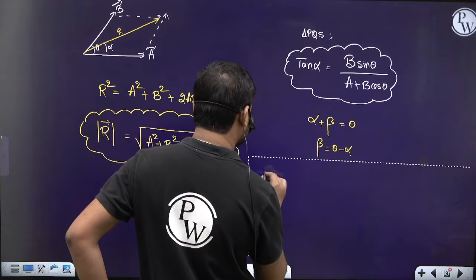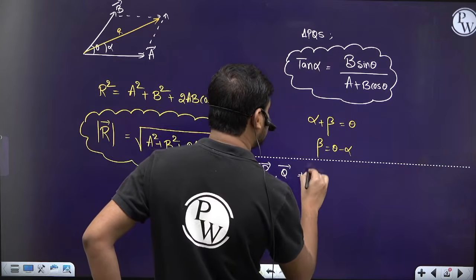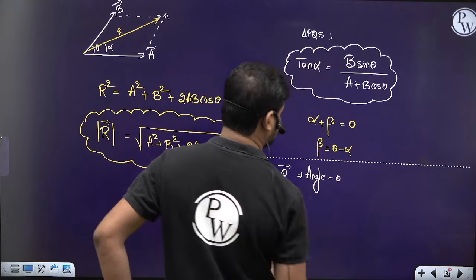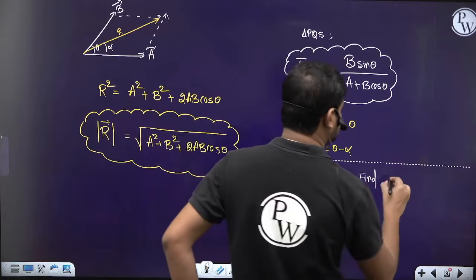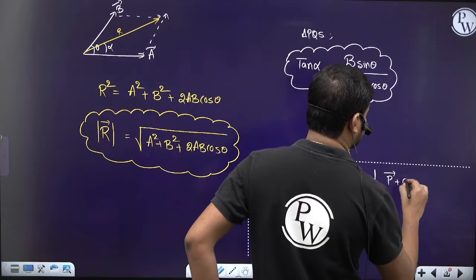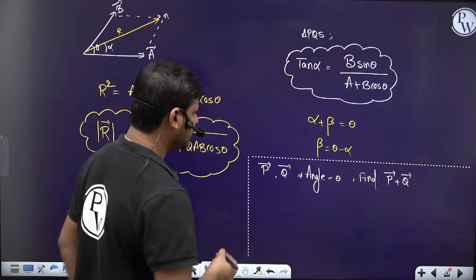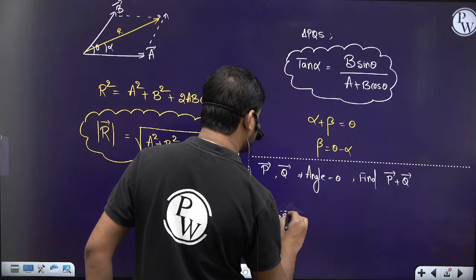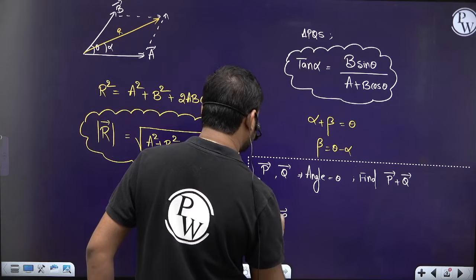Let P be a vector and Q be a vector, and let the angle between them be theta. Then find the vector P plus vector Q. If you want, you can draw a rough diagram here. The vector P is here, the vector Q is here, and the angle between them is theta.